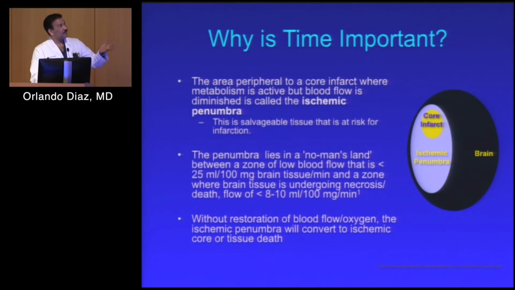So this is already why time is important to recover the ischemic penumbra. This yellow is dead. This is the normal brain. But between, if we don't do anything, this penumbra is going to be yellow. So whatever we do is to recover the penumbra.